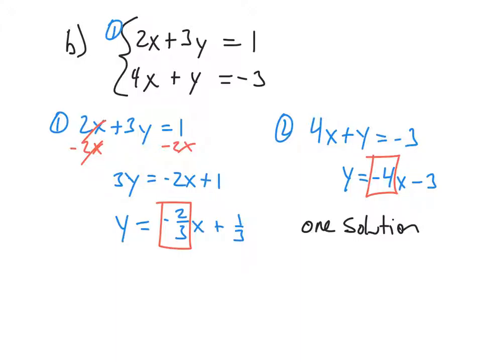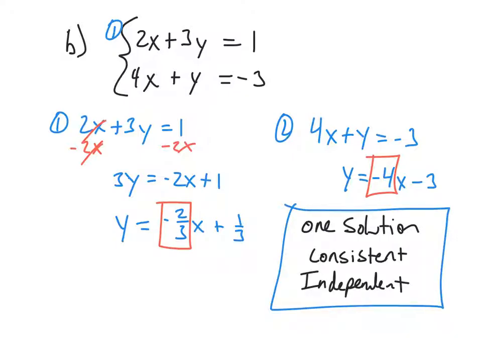And so that means it is consistent. And is it going to be independent or dependent? Yes, independent. These two lines are independent of each other, or independent means alone and it's one solution, so it's by itself. Independent. So intersecting is different slope, different equation. Yes.